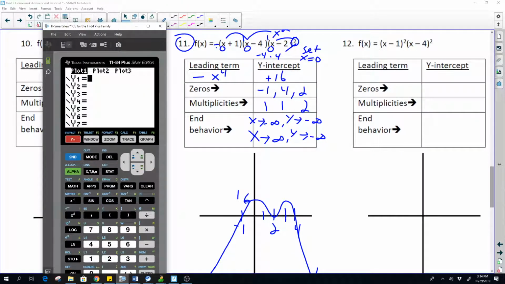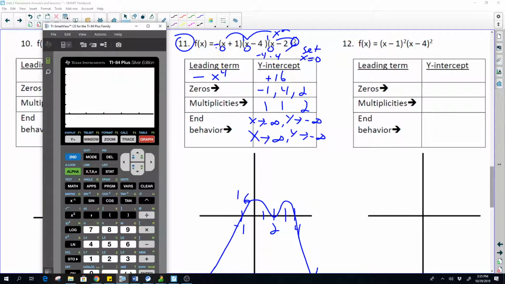Okay, so then if we go to y equals, we turn off our statistics plot there, and then we type it in. So negative, parentheses, x plus 1, close parentheses, times parentheses x minus 4, close parentheses, and then times parentheses x minus 2, close parentheses, but squared.